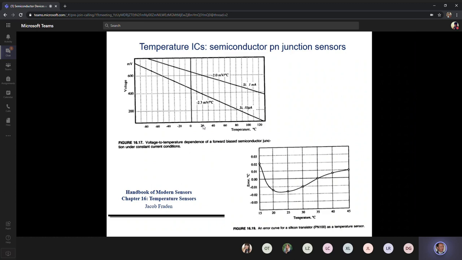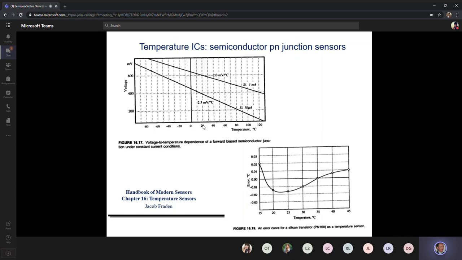Okay, you see in both cases the slope is slightly different. In one case it is -2, and in the other case it is -2.3. The important outcome of this analysis is that the sensitivity is reasonably linear.